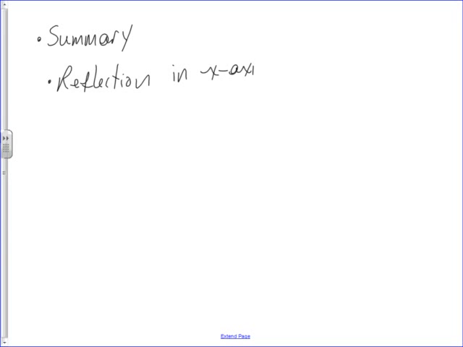So let's do a quick summary. This makes it easier for you all to put in your notes because you should be taking good notes. So a reflection in the x-axis, or over the x-axis, which is a vertical reflection, you put a negative in front of your original equation.